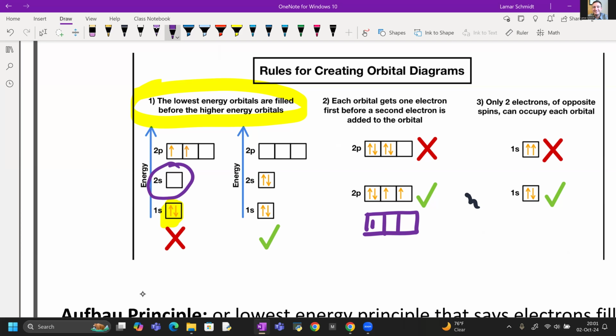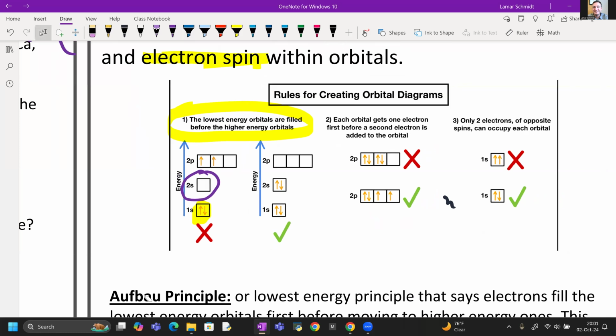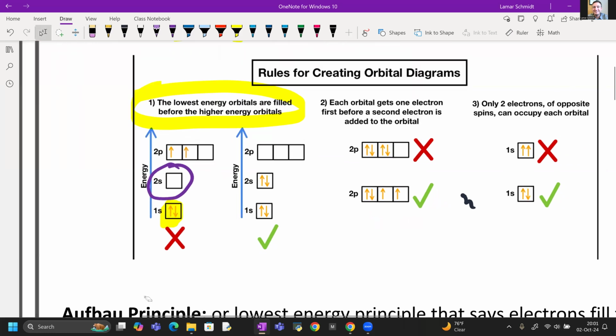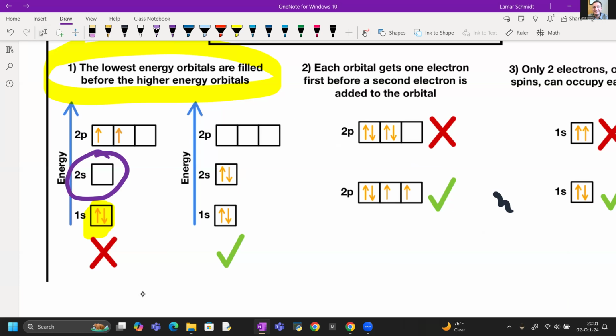And again, this violates a rule, but this also violates what we see when we observe electrons in nature. So just know that. Then if we look at the good example, we see those electrons, the same number of electrons, 4 electrons, are added to 2s, and then there are no electrons added to 2p because we don't have any more electrons.